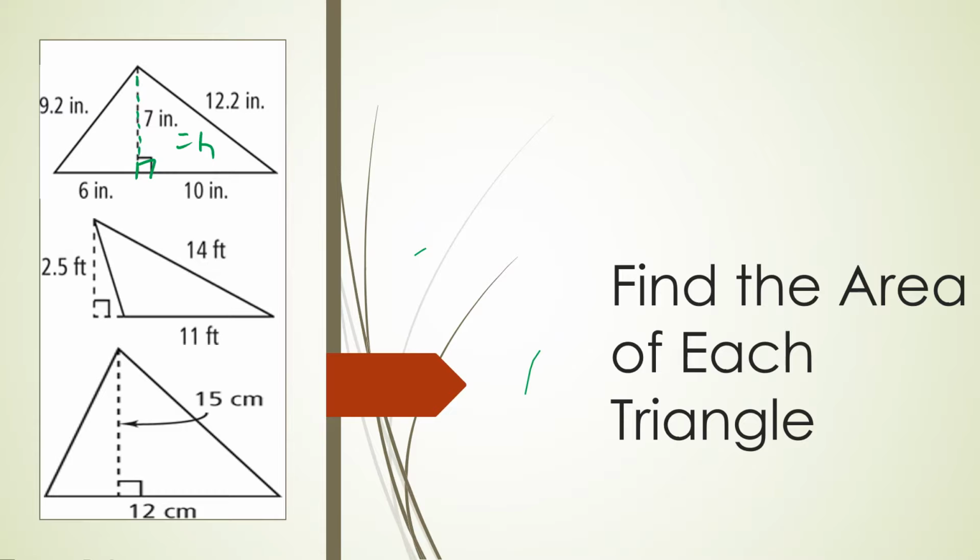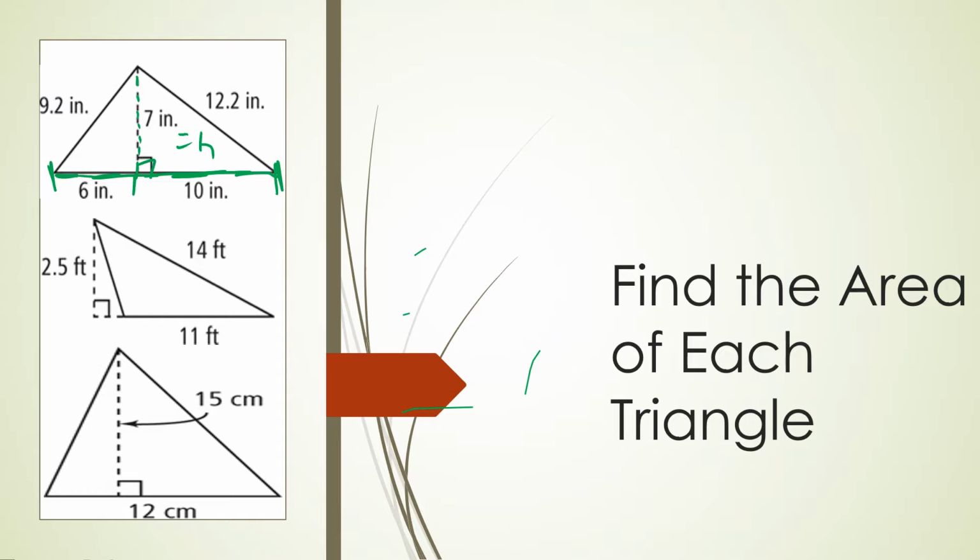All right, so if that's my height, then my base has to be the side it's perpendicular to. So it goes from here all the way across to here. Now I see a problem because I have two different numbers labeling that side. But those two numbers are talking about the division caused by the height. On one side of the height, I have 6 inches.